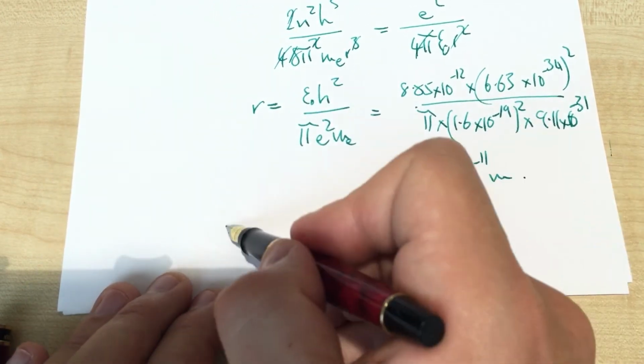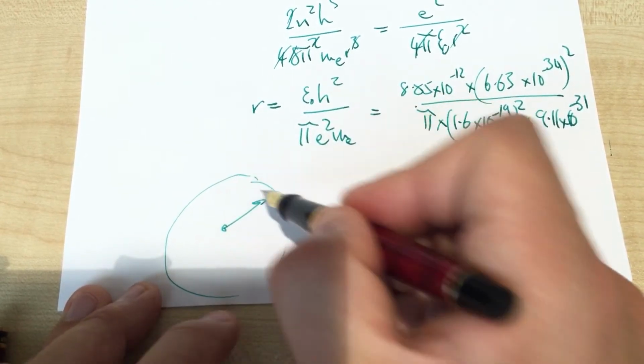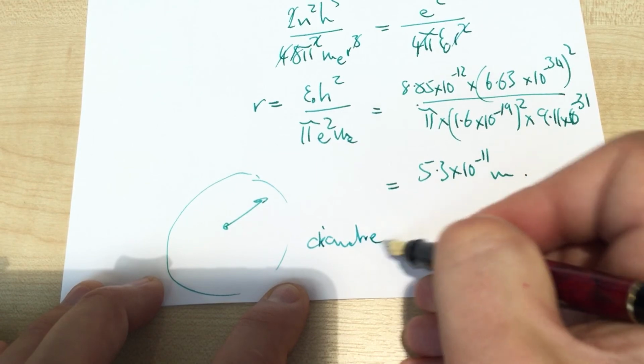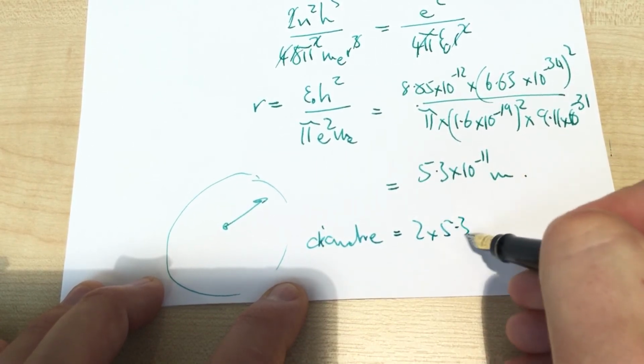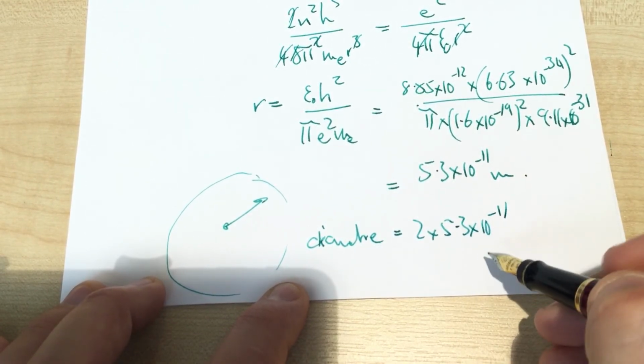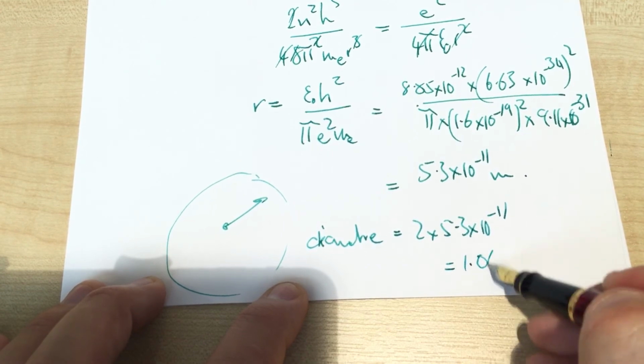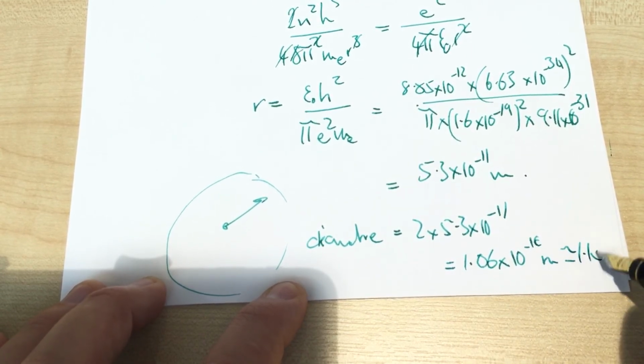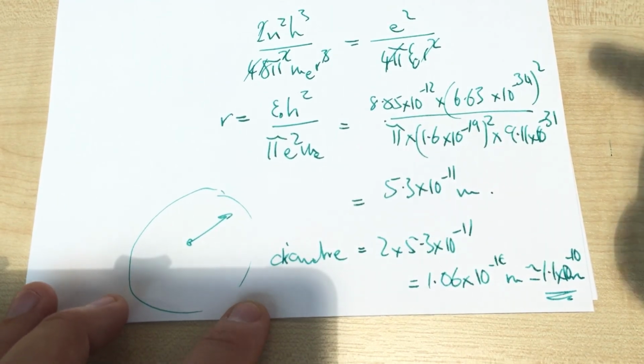And of course that's the radius of my orbit, so the diameter is going to be 2 lots of 5.3 times 10 to the minus 11, which gives me 1.06 times 10 to the minus 10 meters, which is pretty much 1.1 times 10 to the minus 10 meters. So they add up, they make sense.